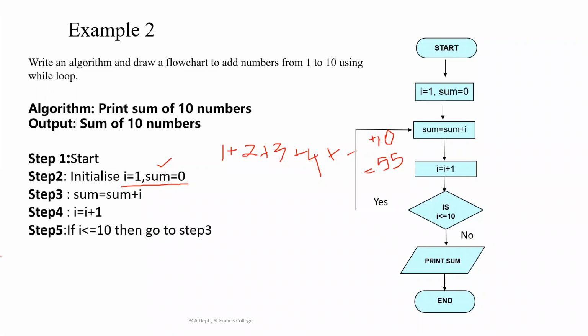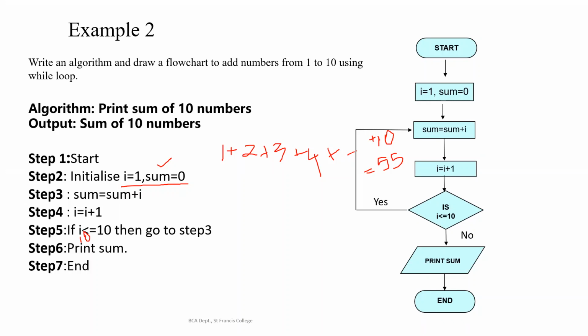So here in each step it will be doing sum equal to sum plus I, and then in this step I equal to I plus 1. If I is less than 10, then we go to step 3. And after the condition is not satisfied, that is if I is not less than 10, then in the last case, the I value will be incrementing to 10, right?